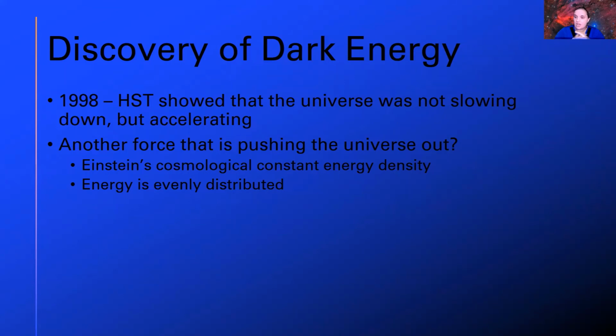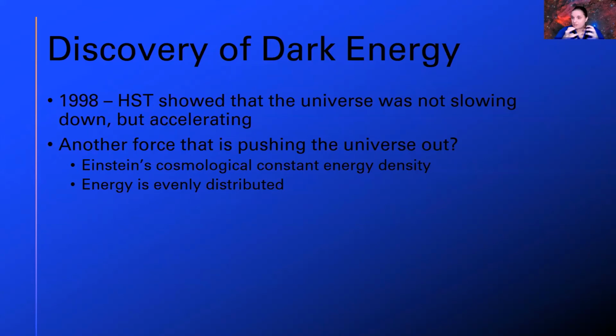The universe was not just flowing out at a steady rate, but indeed accelerating, going faster, as though it would go from one point and then just speed up away from that point over time.